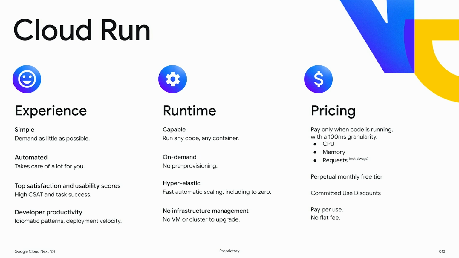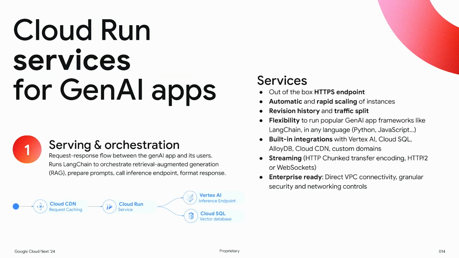So let's see how Cloud Run can help build GenAI applications. First, Cloud Run services. That use case is what we are talking about today. It's about serving and orchestrating your GenAI application. In that case, it's a very similar pattern as web serving.